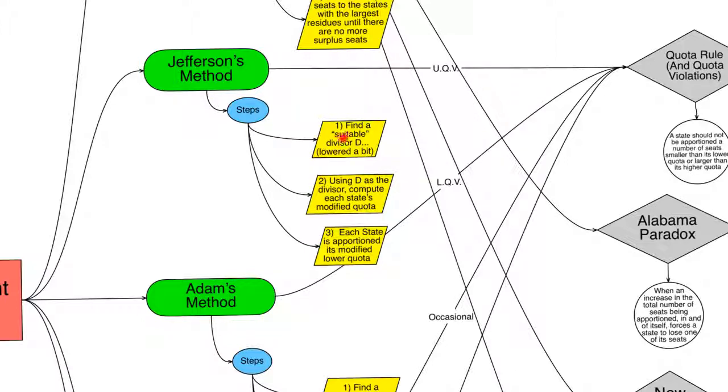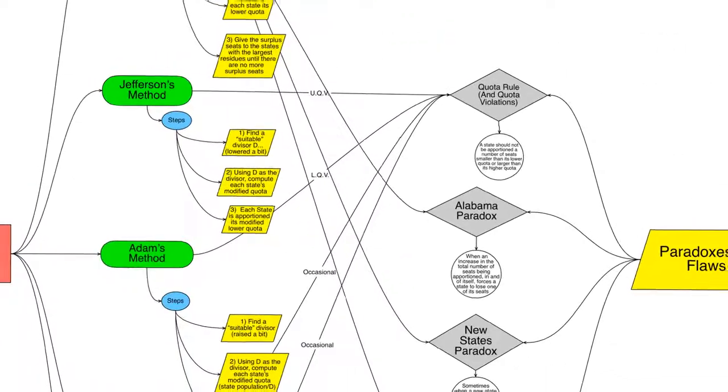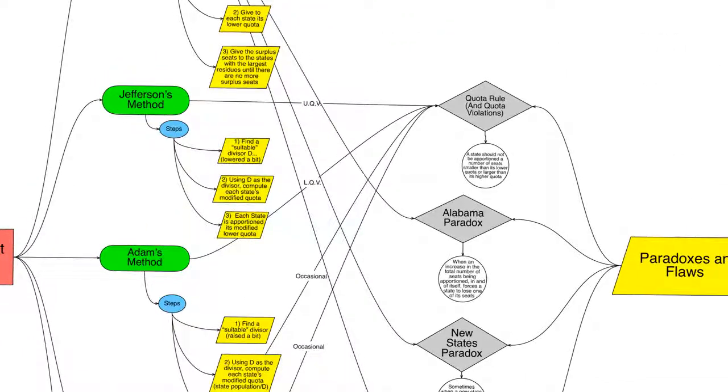And you keep trying different potentially suitable divisors until you find a divisor that results in modified quotas rounded down in such a way that they total the number of seats that you need in Congress. And unfortunately, Jefferson's method will occasionally result in upper quota violations.